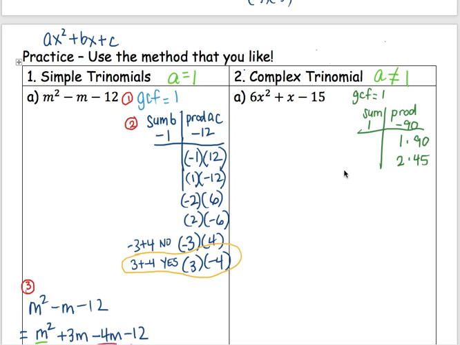No. Okay, so here, we just keep saying no. Okay, 3. 3 times 30 makes 90. Same thing. Can I add or subtract those to get to 1? No. Okay, all right.